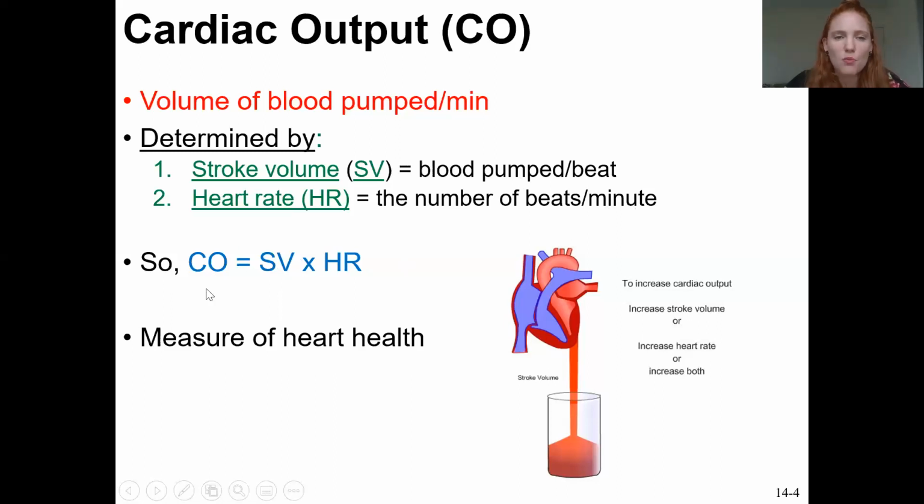So the cardiac output is the liters per minute. Okay, so let's look at the factors that affect each of those. The two factors that affect cardiac output are stroke volume, the amount of blood that comes out for a contraction, and how often it contracts. That's going to give you how much blood is coming out per minute.